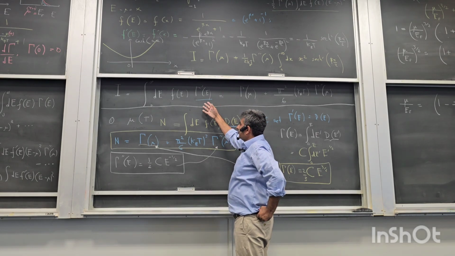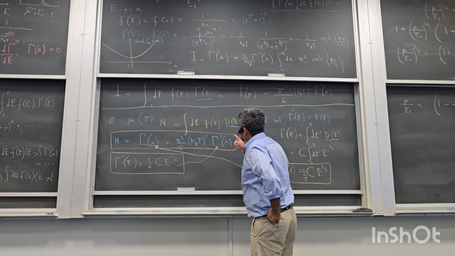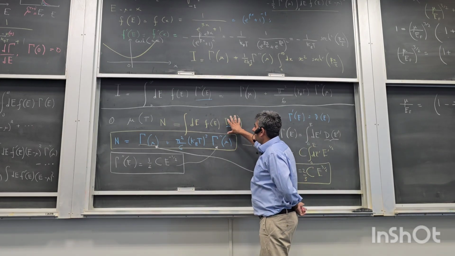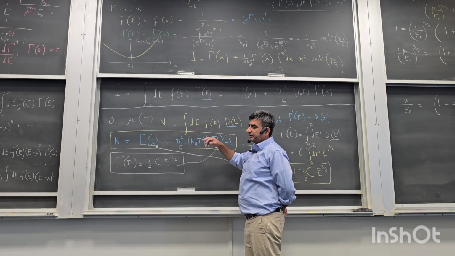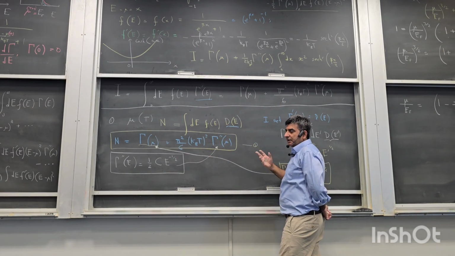So we know that the solution to this integral is given by this. So we just compare our desired integral to the Sommerfeld integral and directly use the solution to the Sommerfeld integral. That's what we're doing.